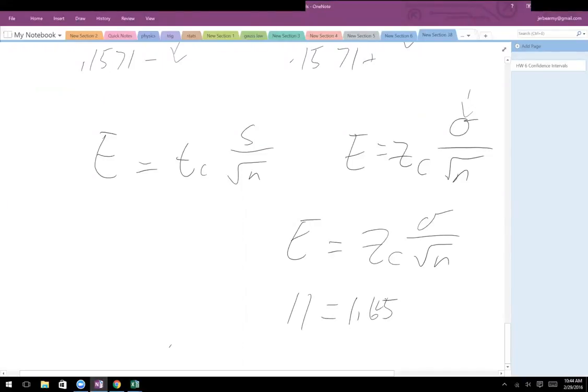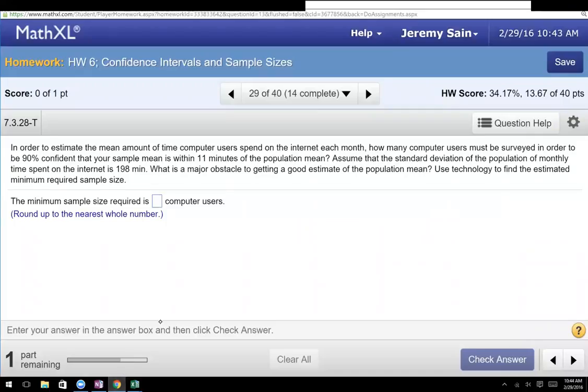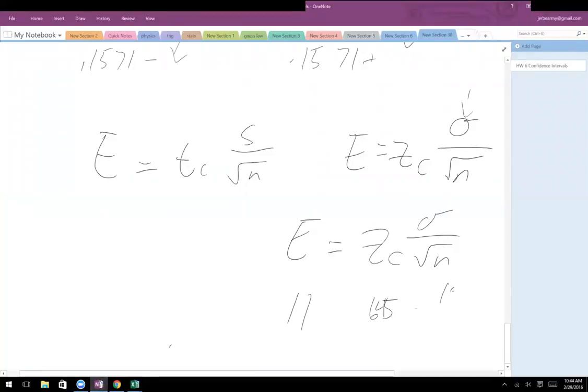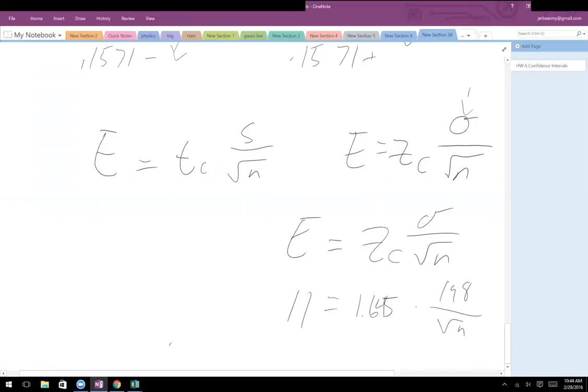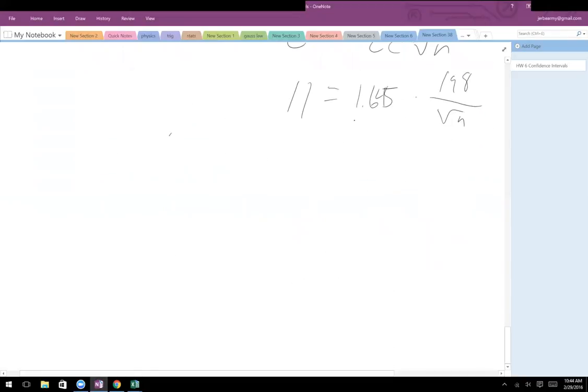Whoops, 1.645. And then it said 198 is the population standard deviation. So 198 over root N. If you get root N by itself, it'll wind up on top. So the square root of N is 1.645 times 198 over 11, and then just square both sides.